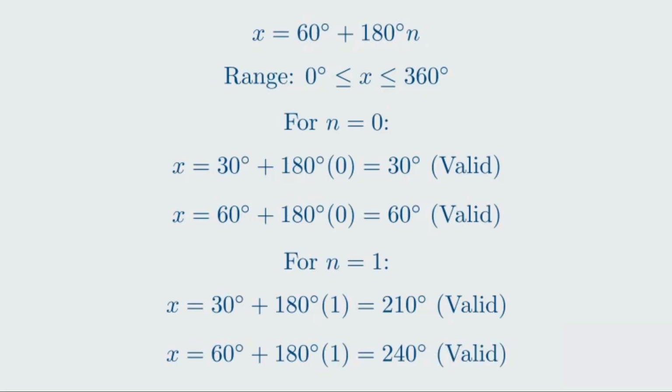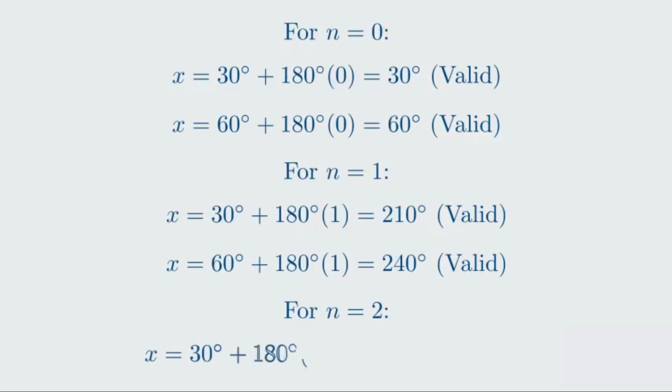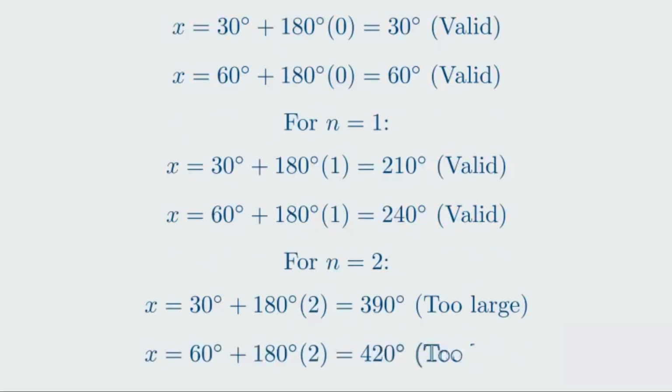For n equals 2, the first solution is 30 plus 360, which is 390 degrees. This is too large. The second solution is 60 plus 360, which is 420 degrees. Also too large. So we have found all the valid solutions. The solutions in our range are 30 degrees, 60 degrees, 210 degrees, and 240 degrees. Looking at this set of solutions, the largest angle is 240 degrees.